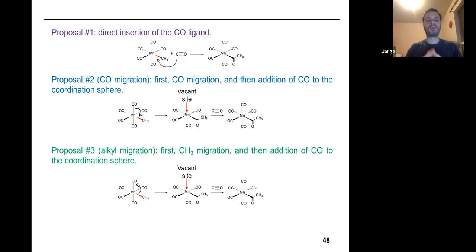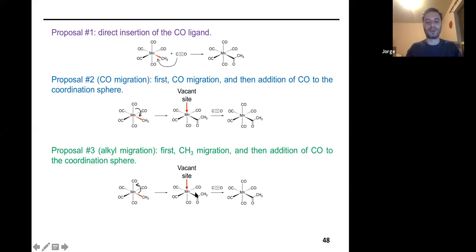The proposal number 3, also called alkyl migration, states that first there is CH3 migration and then addition of CO to the coordination sphere. Okay, so starting again with the hexacoordinate complex, the alkyl group is the one that migrates over here.